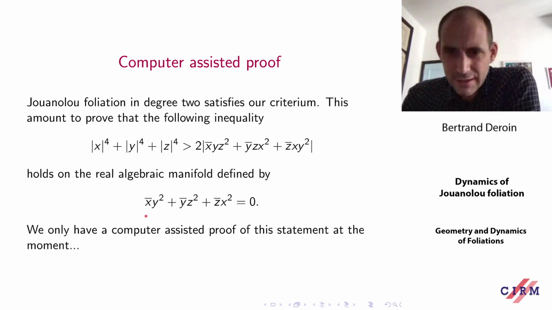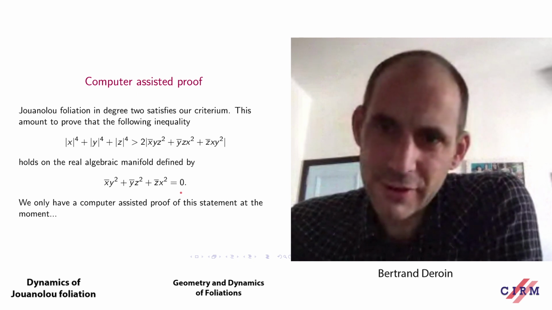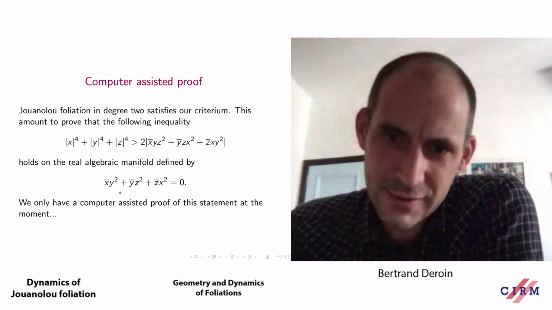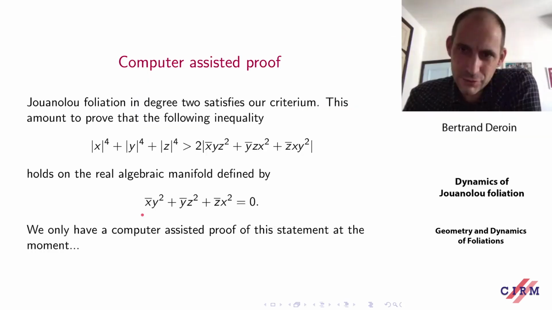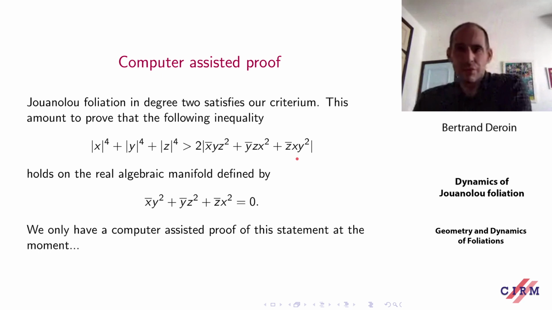You see, this real algebraic manifold is the set of critical points of the restriction of the function f along the trajectories. This is exactly the equation of these critical points. It's quite evident to verify this. And this equation is just saying that the critical point is non-degenerate and is a local minimum. So it is quite simple to verify that.